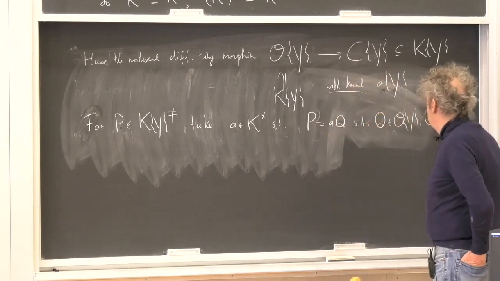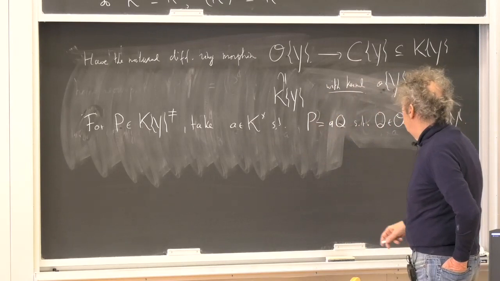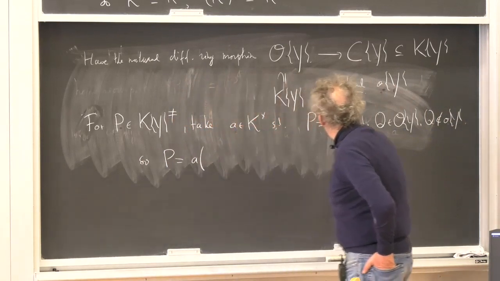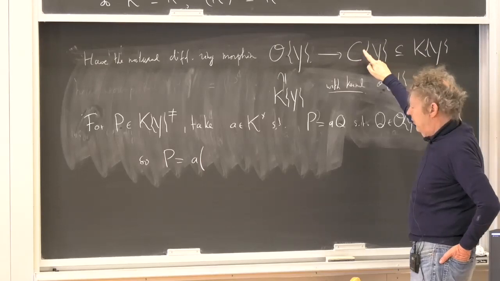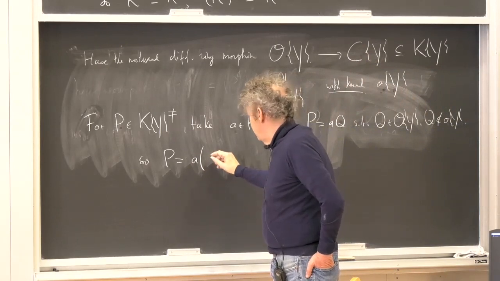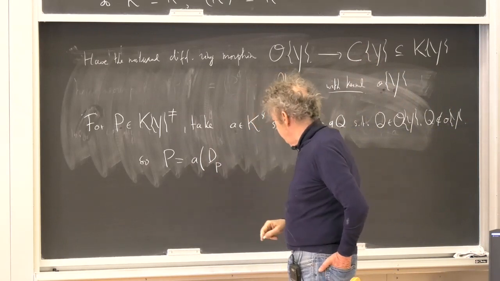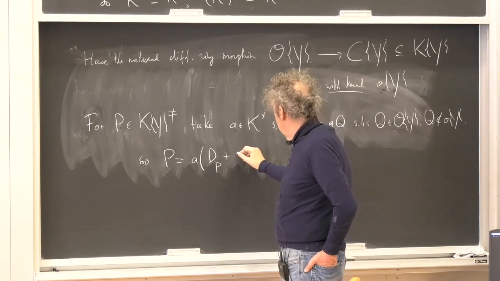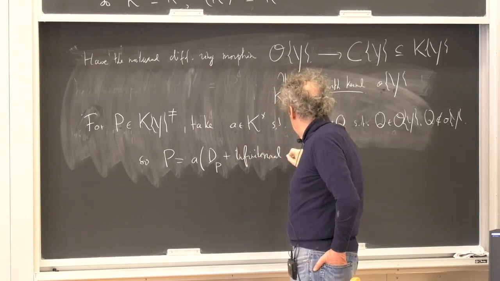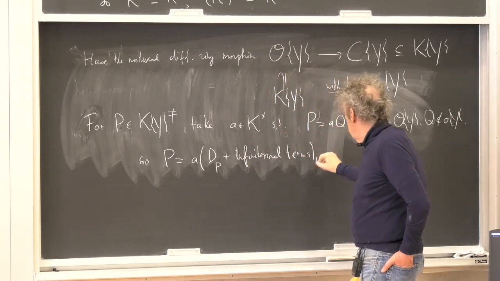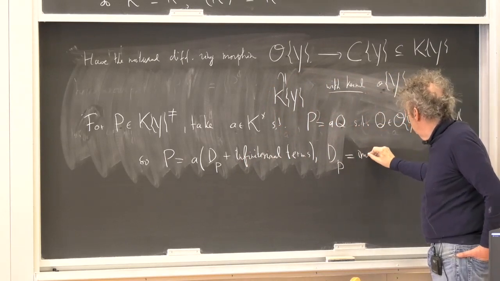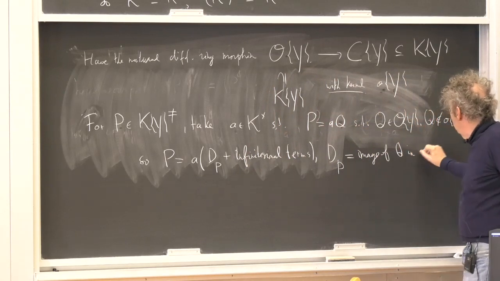So, in other words, P will be A times, and then you can replace Q by its image here. So P equals A times, let's call that dP, the dominant part, plus infinitesimal terms. dP is the image of Q in C y.